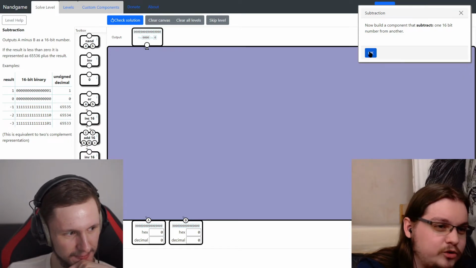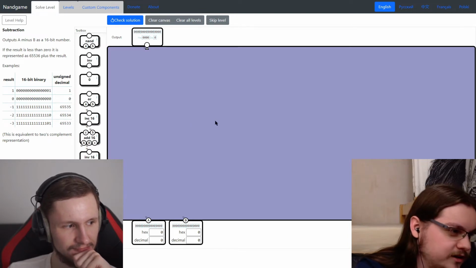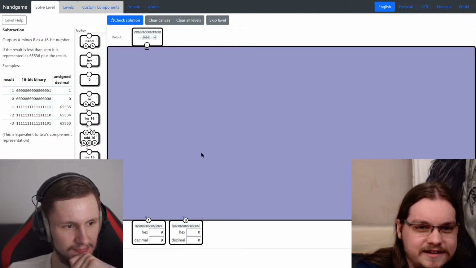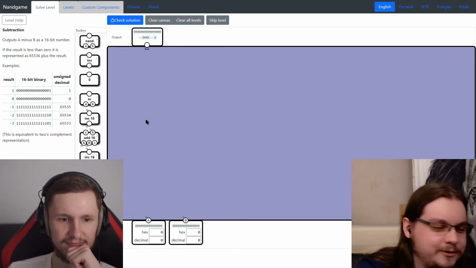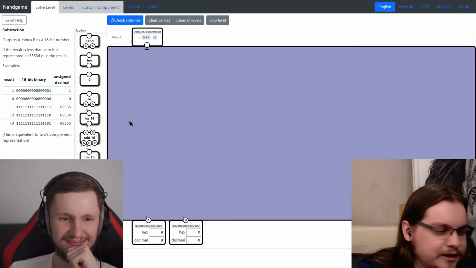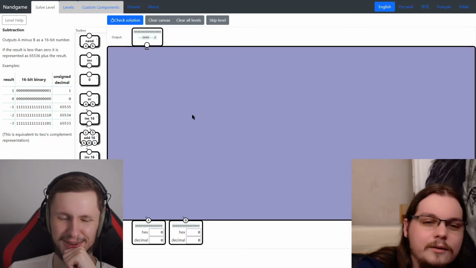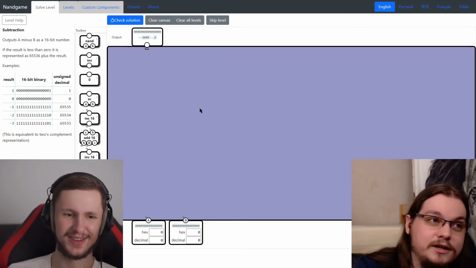Build a command that subtracts 1 bit. So okay, do we just want to do 16 increments? Not 16, obviously, 15 increments? It wouldn't have to be that, it would have to increment every bit, right?